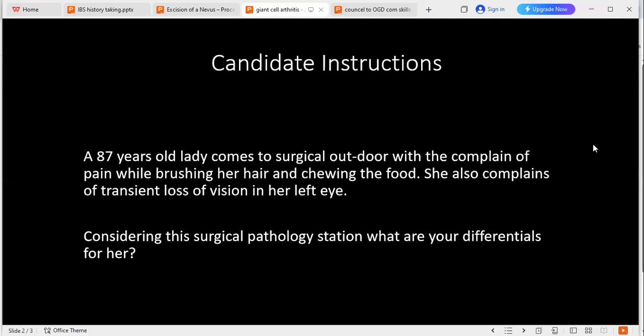Please tell me what is the mechanism behind giant cell arteritis? First of all, the intima layer of the vessel gets thickened, and the classic pathogenesis is the medial granulomatous inflammation of the internal elastic lamina, causing internal elastic fragmentation.